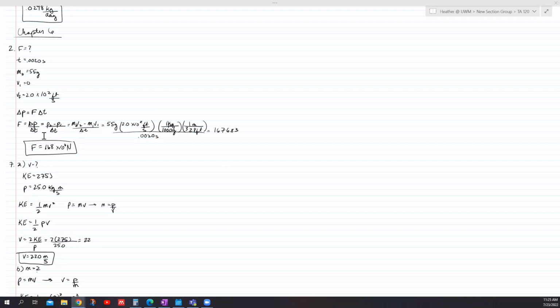Delta p is just the change in momentum, so that's just p2 minus p1 over delta t. We know that p equals mv at the speeds that we're looking at and when things have mass. So we have m2 v2 minus m1 v1 over delta t. We're going to plug in what we know, and we end up with force equals 1676.83, or force is 1.68 times 10.